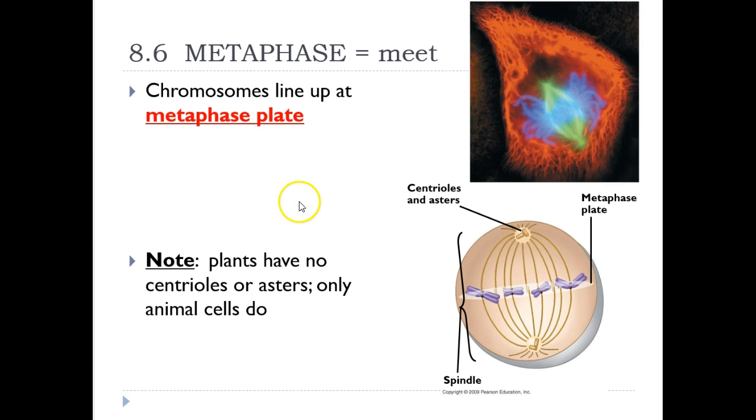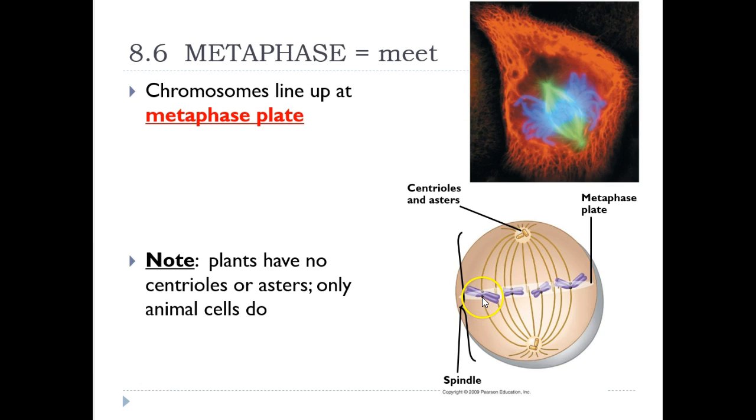Our next phase is going to be metaphase. You'll notice now that the nucleus is completely gone. And what you're seeing here are the spindle fibers have lined up, and they're sort of lassoed onto the chromosome. And if you remember how I told you the attachment site of these two chromosomes is called the centromere?